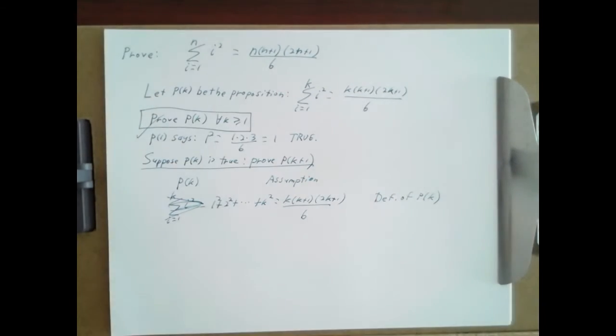So the definition of P of k says 1 squared plus 2 squared plus up to k squared equals k times k plus 1 times 2k plus 1 over 6. All right, where do we go from here?